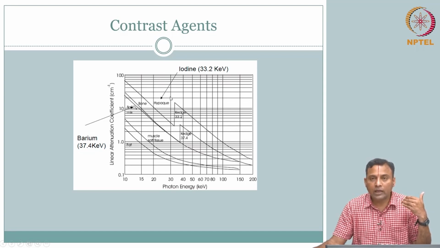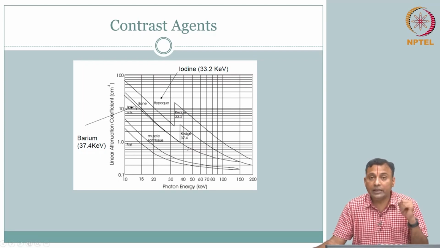Suddenly you see the attenuation coefficient increase at K. So this is your K edge. Because your K shell binding energy is positioned within your diagnostic X-ray range, there is a rapid, edge-like increase in the attenuation coefficient.